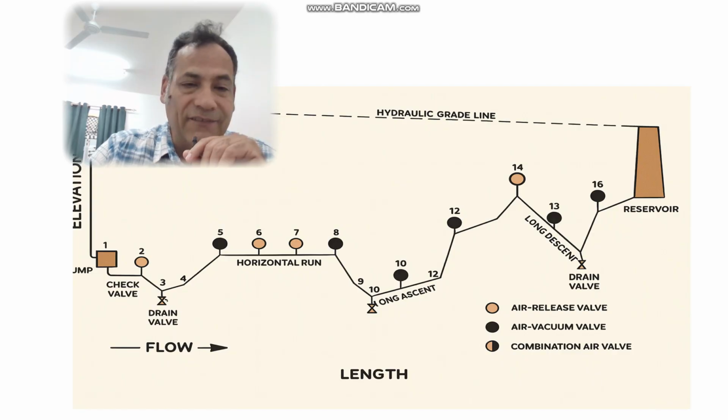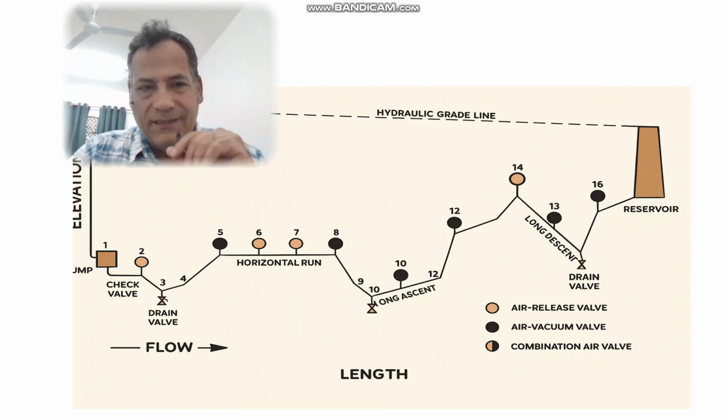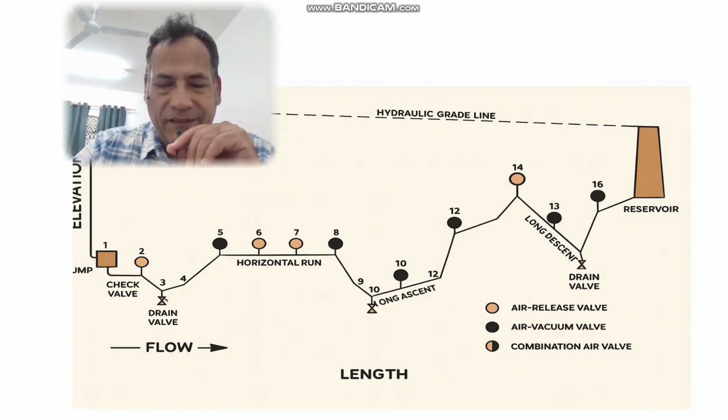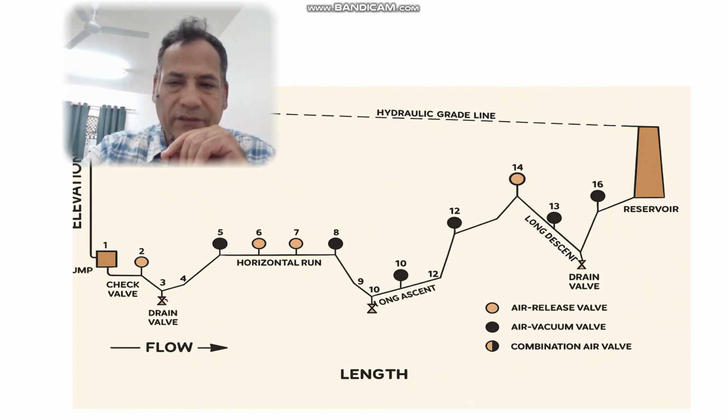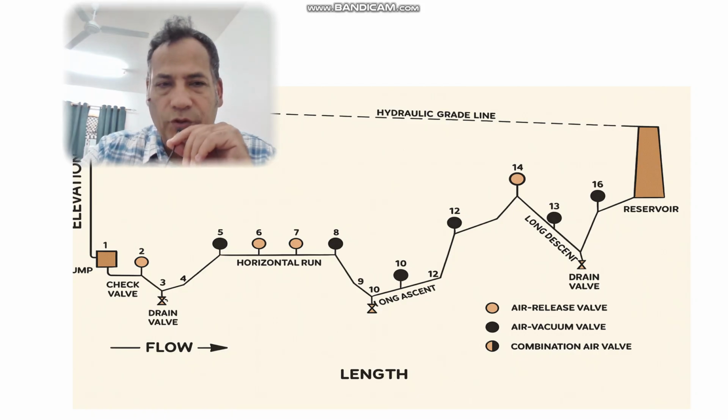Also, at this point we can put a combination air valve, but it is expensive. That's why we can use an air vacuum valve only. You can see other points. For example, number 14.